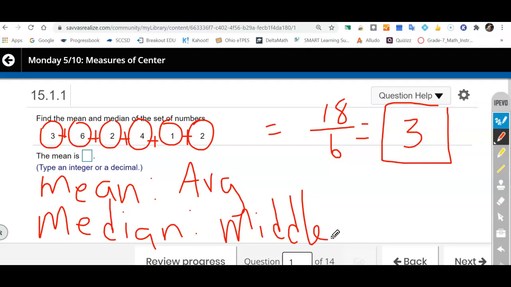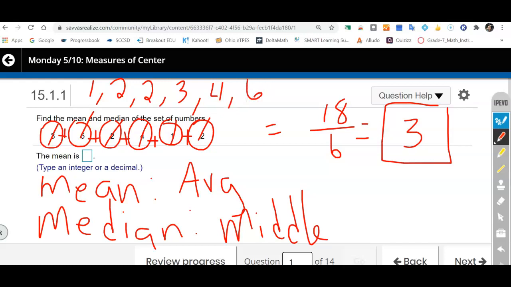Now the first thing we have to do, you have to do this. People are reluctant to do it, and they will always get it wrong. You have to rewrite the data set in numerical order. So I'm going to write them down. 1, 2, I got 2 2s, so I got to put them both down. 3, 4, and 6.